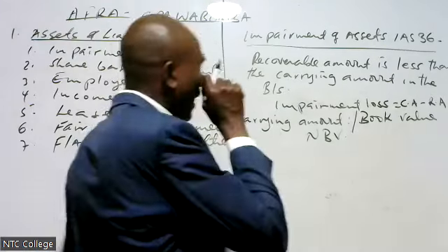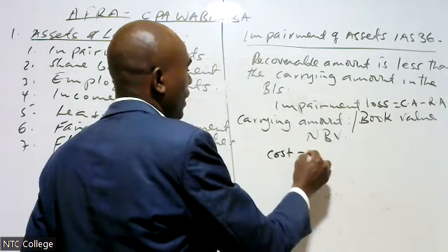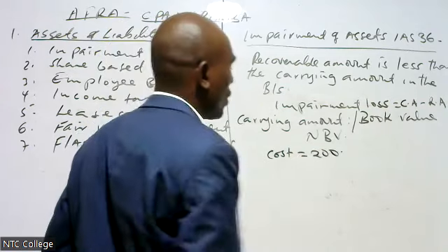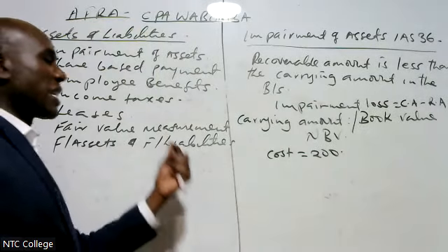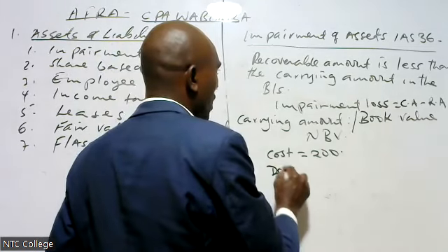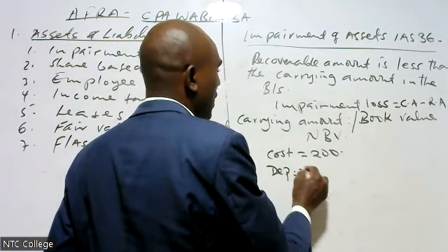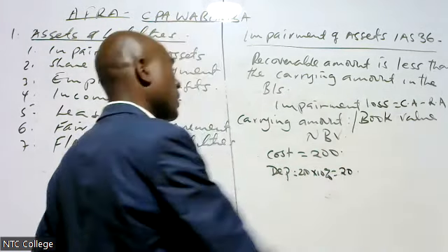For example, I purchase a motor vehicle, and the cost of the motor vehicle equals 200 million. This motor vehicle is depreciated. Depreciation may be equal to 200 times 10%, therefore depreciation is 20.